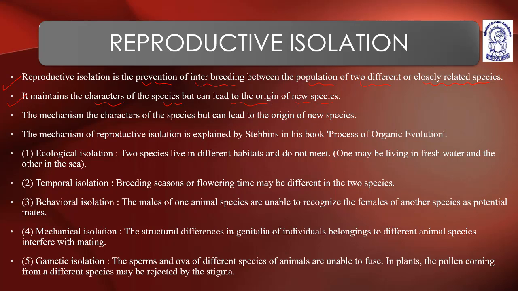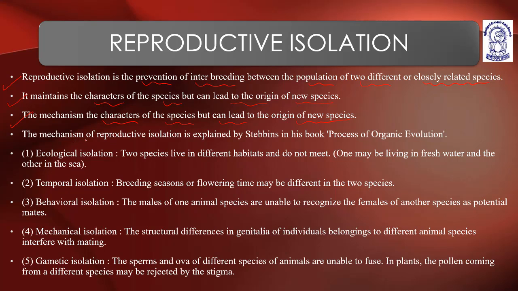It maintains the characters of the wild varieties, the inhabited varieties, but it may lead to the origin of new species. The mechanism of the formation of new species may be based on reproductive isolation as well.